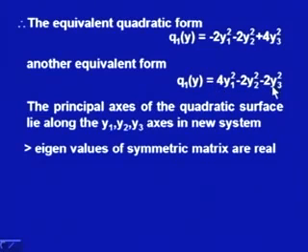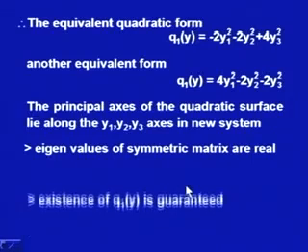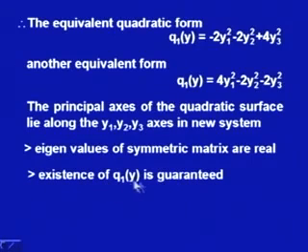If eigenvalues of a matrix were complex, this would not have been possible, but since the matrix is symmetric, the eigenvalues are always real, and we can always find this form. The existence of Q1y is guaranteed due to the real eigenvalues.